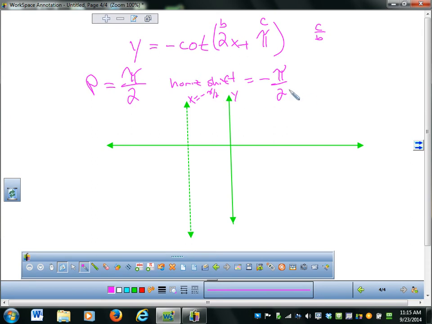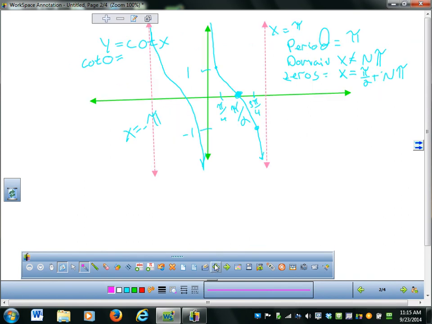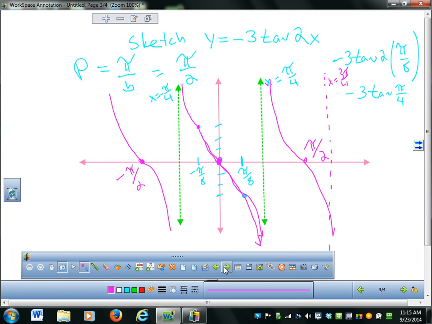Because that's the horizontal shift, it shifted left by pi over 2. Normal cotangent starts on the y-axis, so I'm taking that start point and moving it back pi over 2 radians. There would be an asymptote. That changes where the asymptote goes.